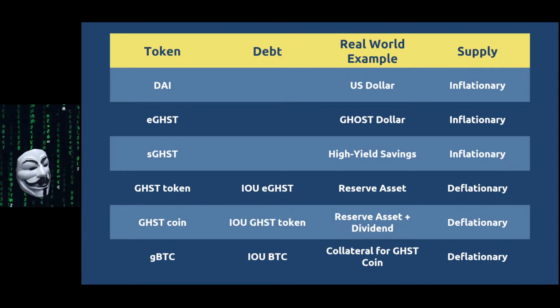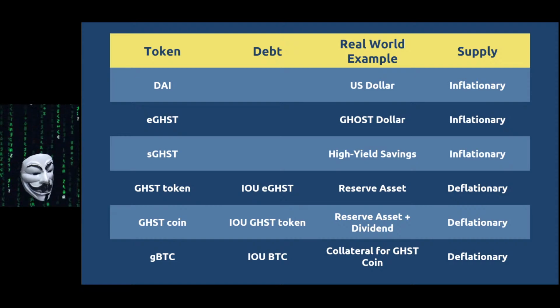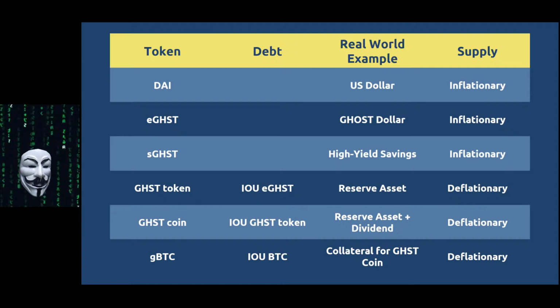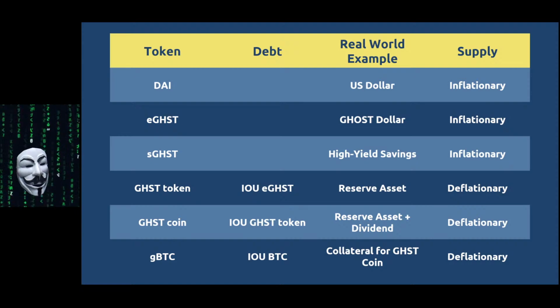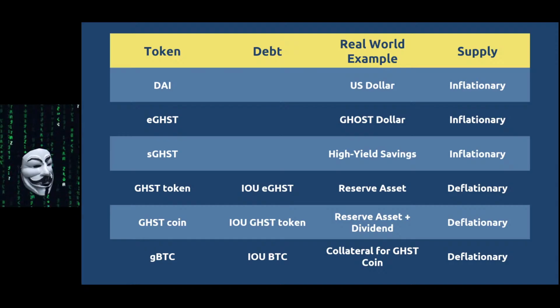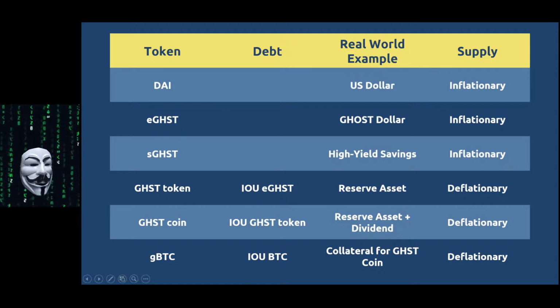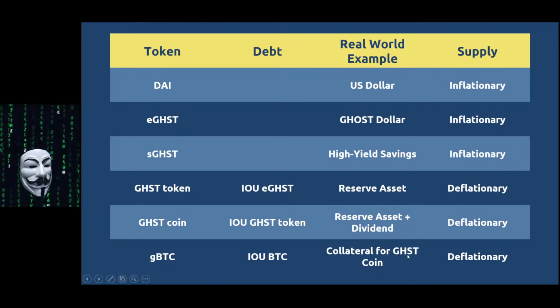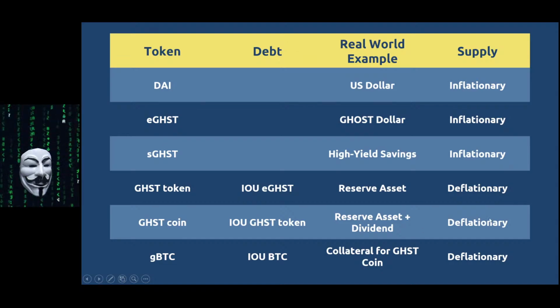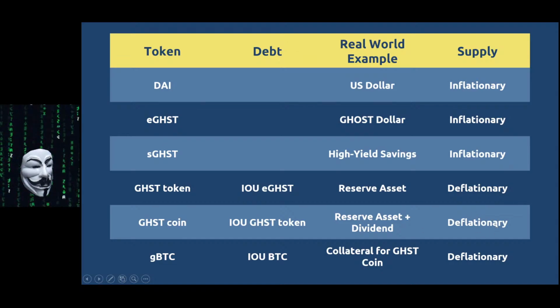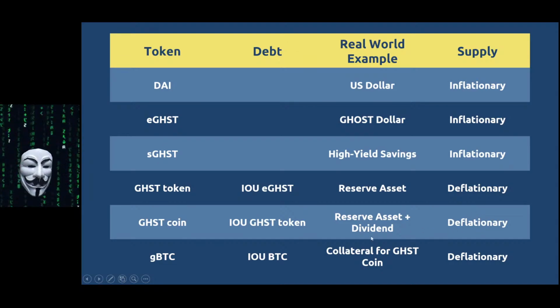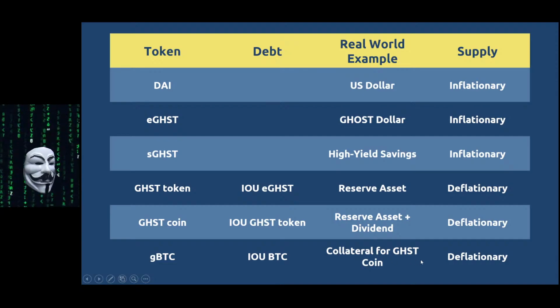So Bitcoin is money from the Austrian economic perspective. That's good. We know that. But from Keynesian economists, can we also get them on board? Because GBTC is debt. It's a receipt for Bitcoins. And then that GBTC receipt is used as collateral to get a deflationary token of Ghost Coin. So think about that. You got your Bitcoins, a deflationary asset.